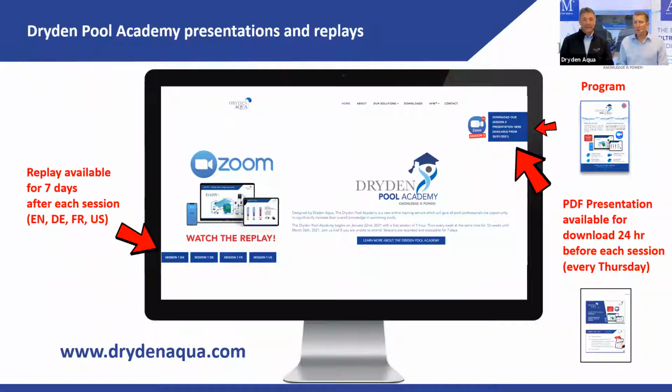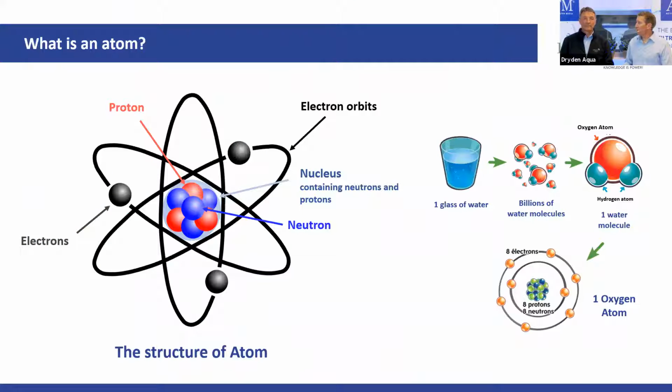In order to talk about oxidation, we decided to start with the smallest thing that we could find: an atom. An atom consists of a nucleus, which contains neutrons, which have a neutral charge, and protons, which are particles with a positive charge. Then we have an orbit, or several orbits, where electrons circle the nucleus.